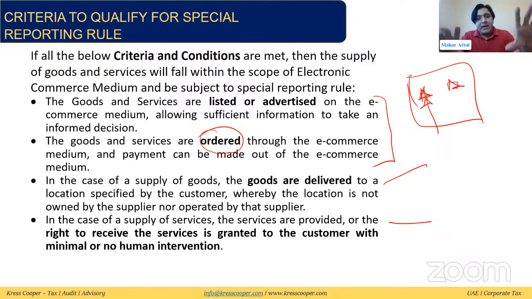And any supply which meets all these conditions and the value of the supply is more than 100 million, then we can say yes, this is the qualifying registrant. Otherwise, we'll say the person is not a qualifying registrant. So this is the criteria to classify the goods and services through the e-commerce medium, and these conditions must be fulfilled to qualify as a qualifying registrant.